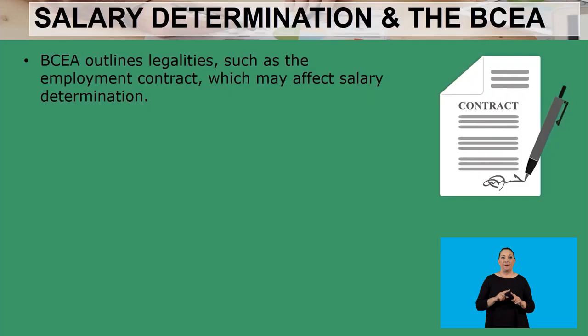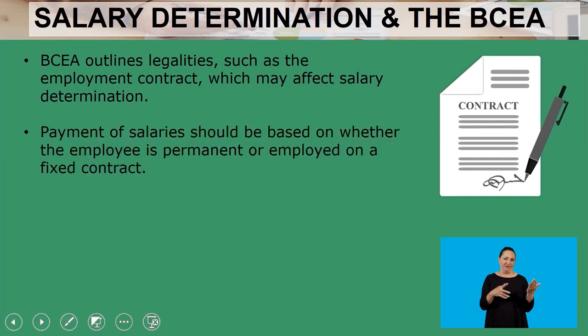So the BCEA outlines the legalities, such as the employment contract, which may affect salary determination. I just mentioned that with regards to the number of hours. Payment of salaries should be based on whether the employee is permanent or employed on a fixed contract. Now, what is a fixed contract? Maybe you are given a contract that says you're going to start on the 1st of January up until the 31st of December.